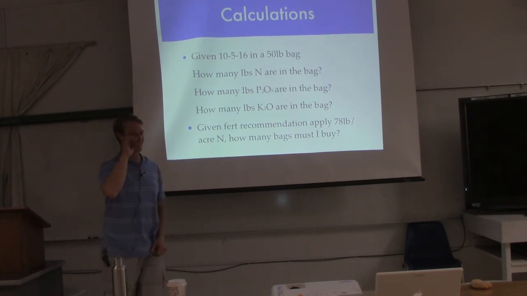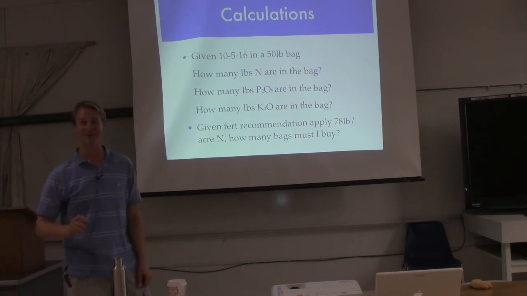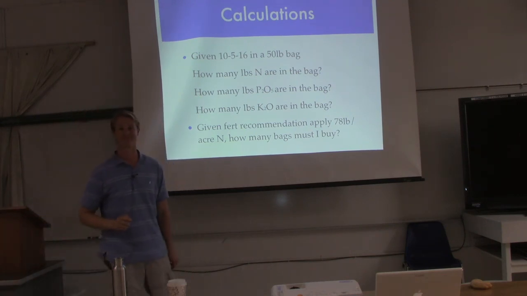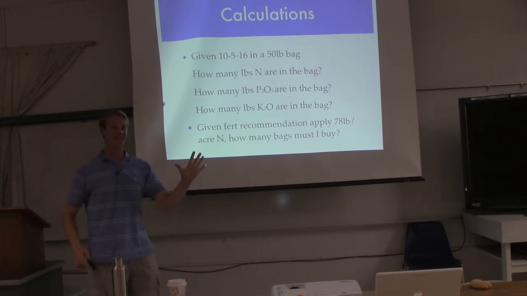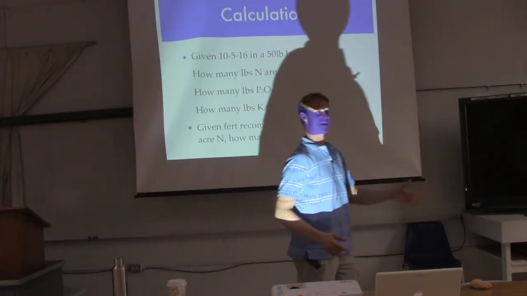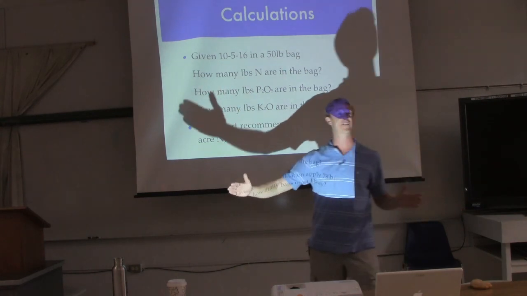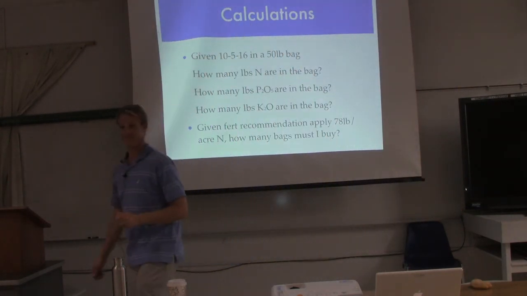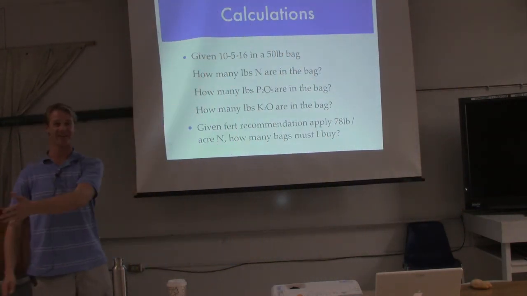Okay, this is how I do this. Most fertilizers come in a 50-pound bag, right? Almost all of them do. Percentage, when we're talking about numbers in percentage, it's on a 0 to 100 scale. Percentage only goes from 0 to 100.